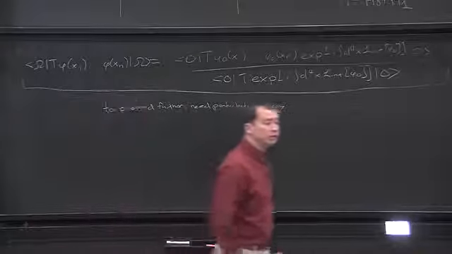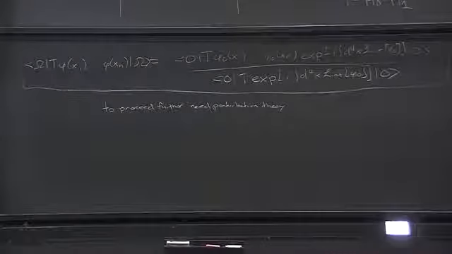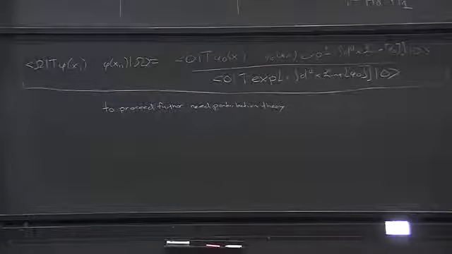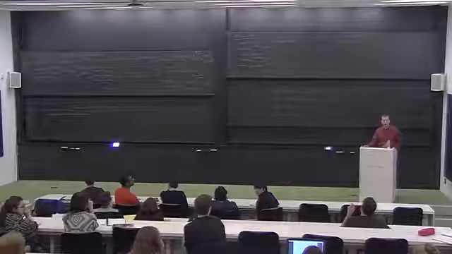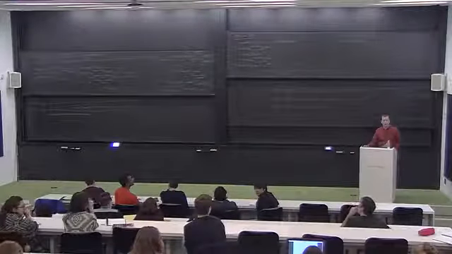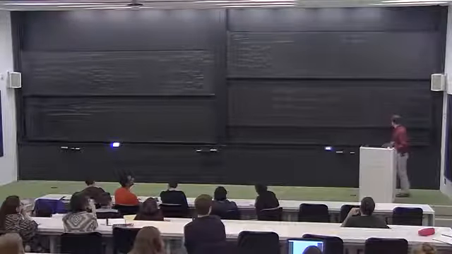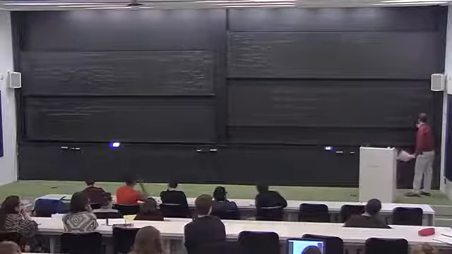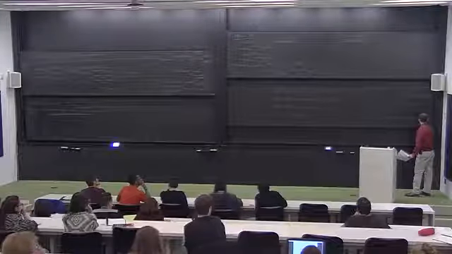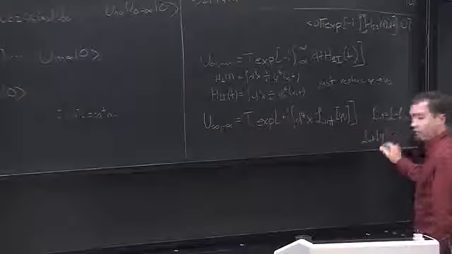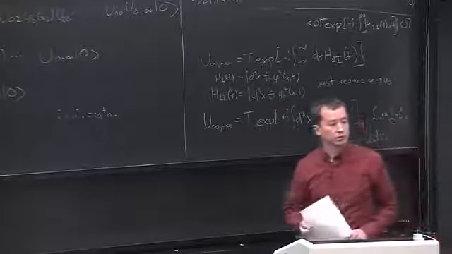When you go from the interaction Hamiltonian to the interaction Lagrangian, are you assuming that the L int doesn't change your definition of the canonical momentum? That's right. I'm assuming here that L int is a function just of the fields, not of their derivatives.